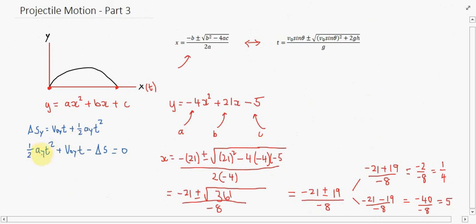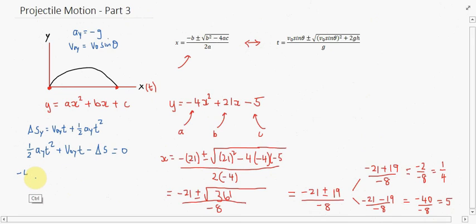If I just replace the values that I already know, a sub y vertically we typically denote as negative g, and v sub naught y is equal to v sub naught sine of theta, right? Let me do it differently.